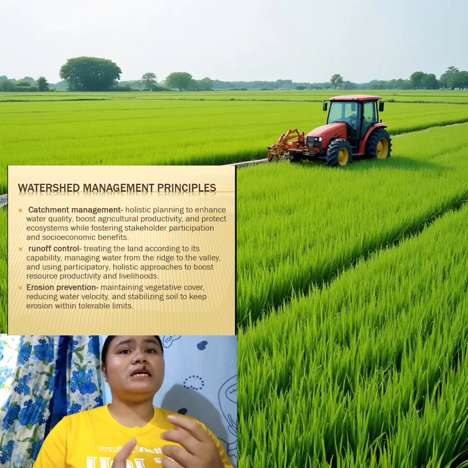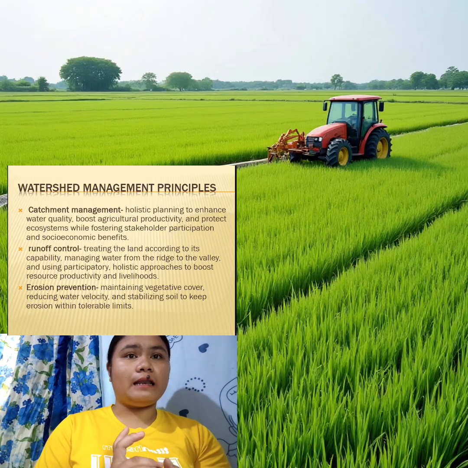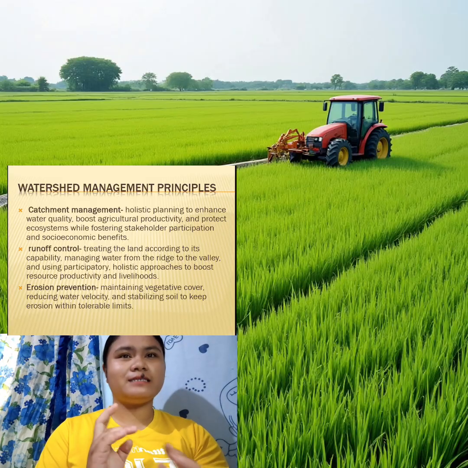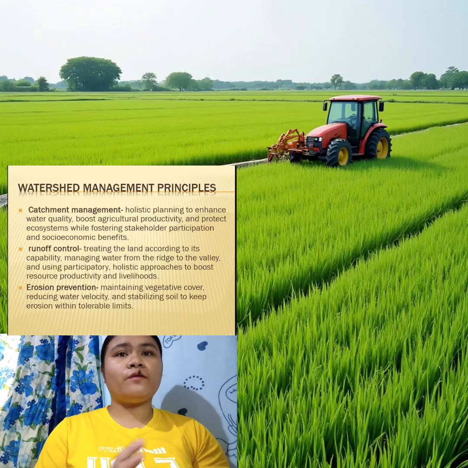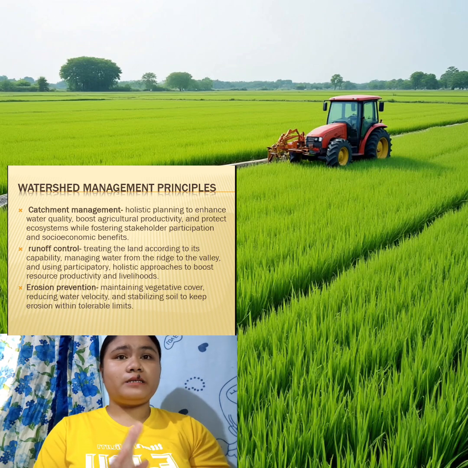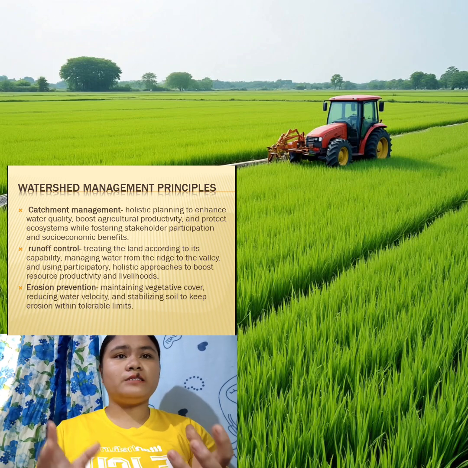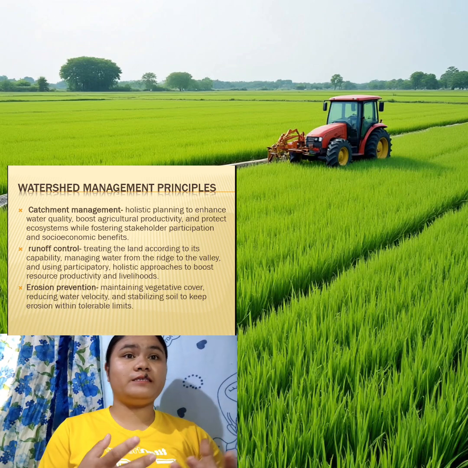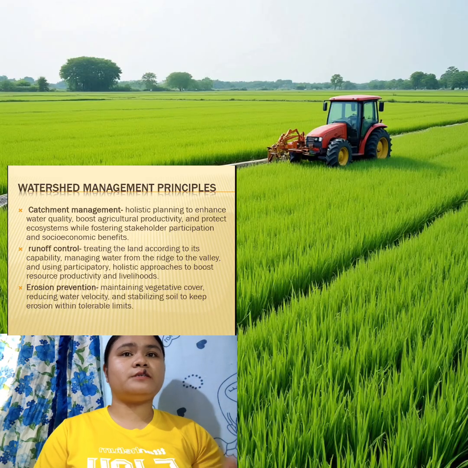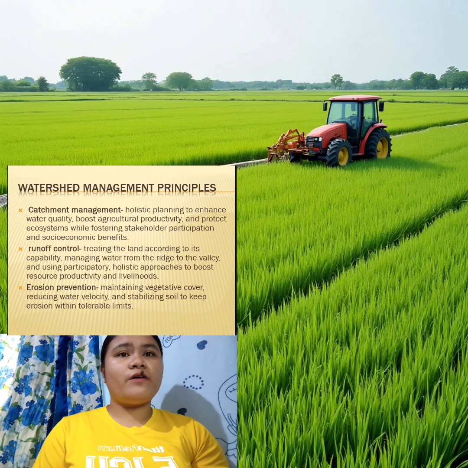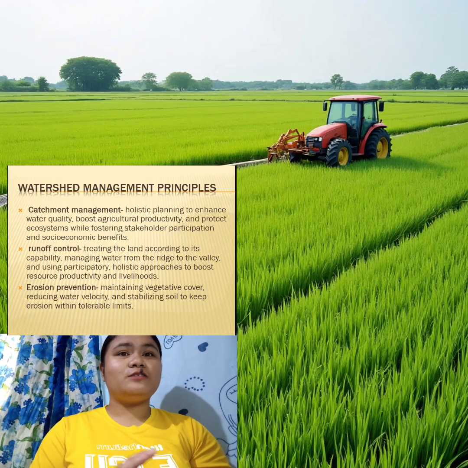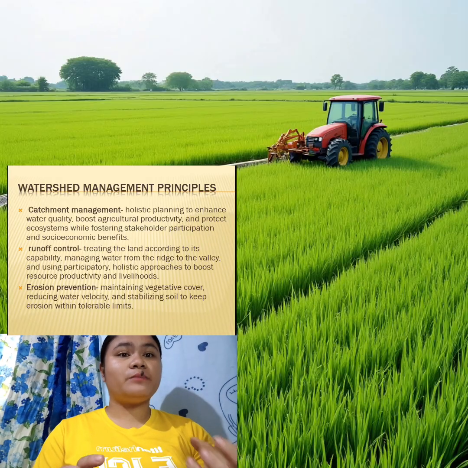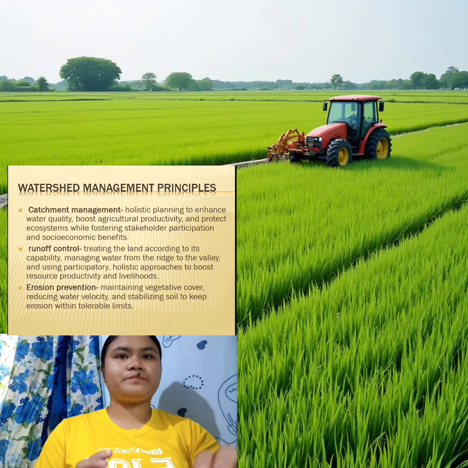But it is not just about the environment. Good catchment management also fosters stakeholder participation and provides socio-economic benefits, meaning the farmers, the communities, the government agencies, and other stakeholders work together to manage the watershed for the benefit of everyone.